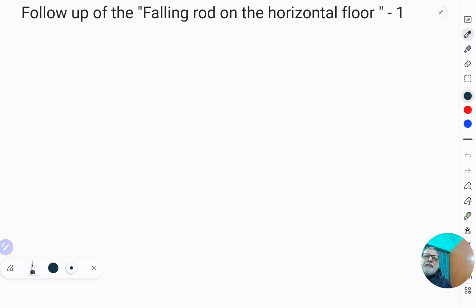Now, in this problem, if we recall, the rod was rotating on a rough horizontal floor, and at any instant the rod makes an angle theta with the vertical.